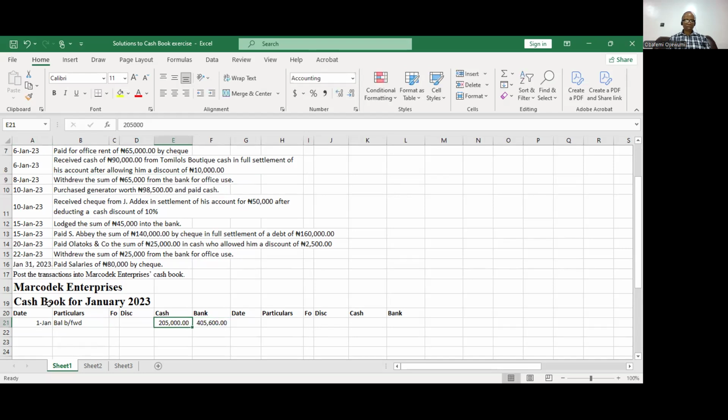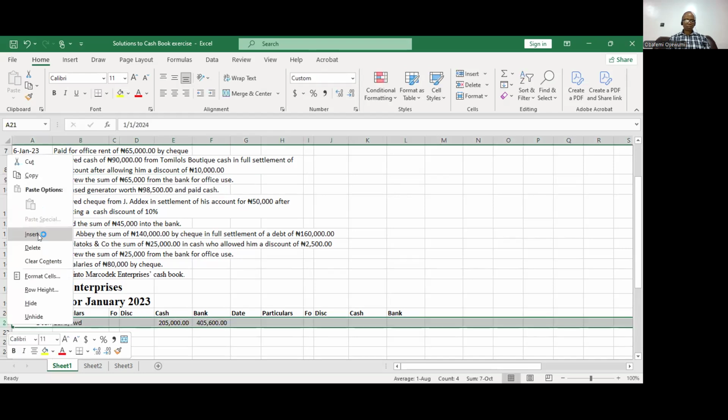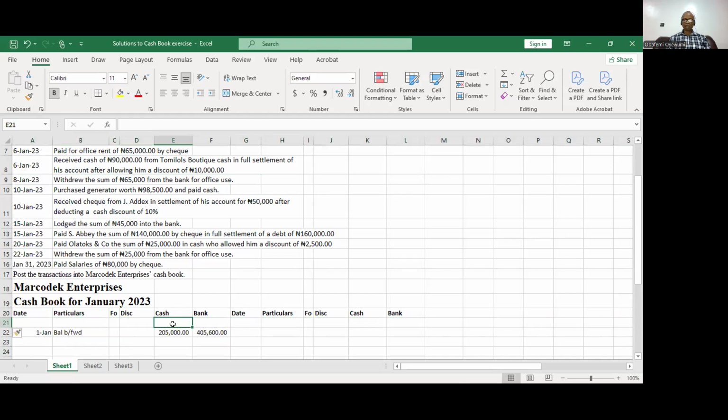Now, don't forget, we need to have our currency. It's important that we have our currency there. The currency that we're going to insert is the Nigerian Naira.